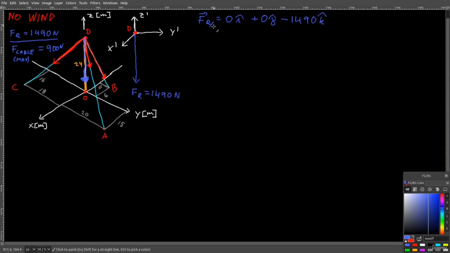That's of course with respect to this D. Also note that you have 90 degrees here between this x apostrophe and this FR vector, and here between y apostrophe and FR vector.